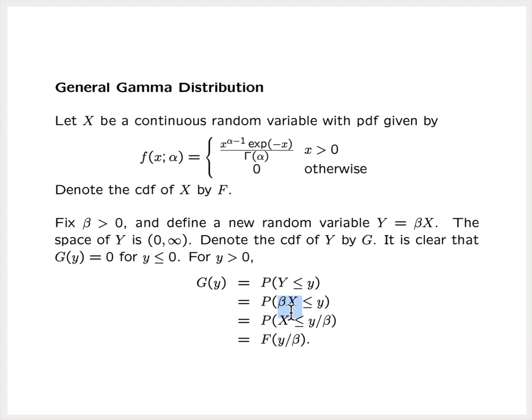Then I can divide both sides of this inequality by beta to have x alone in this event. Since beta is a positive number, when we divide both sides by beta, the direction of the inequality stays the same. And so the CDF of y, evaluated at a positive value of little y, is equal to the probability that the random variable x is less than or equal to y divided by beta.